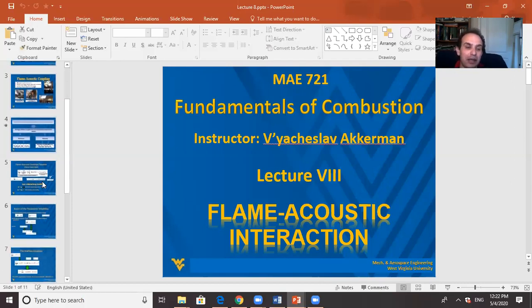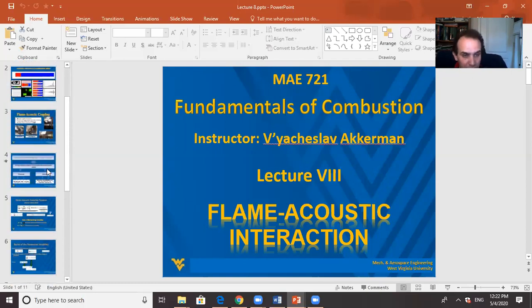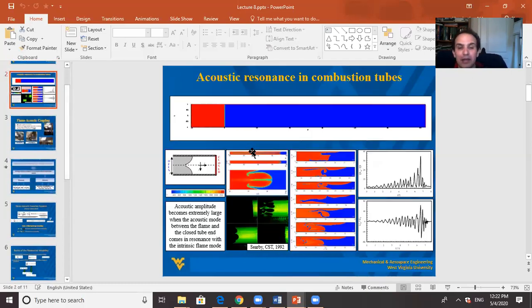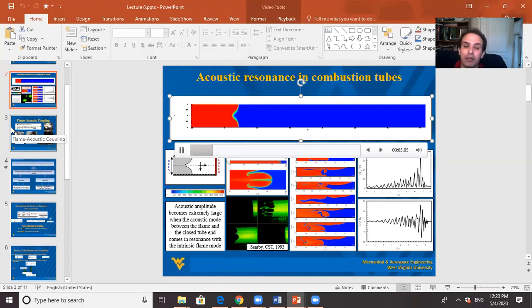And what we did in chapter 8, remember, we considered flame-acoustic coupling. I don't request you to remember everything in deep detail, but I request you to remember that flame-acoustic resonance may be extremely strong, like it shows in the movies I showed you when the flame propagates to the wall, pushes the flow to the wall, it goes back, and flame-acoustic coupling provides extremely strong acoustic resonance.